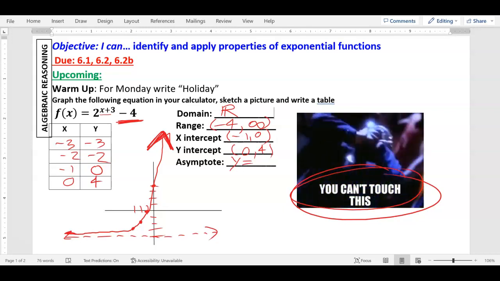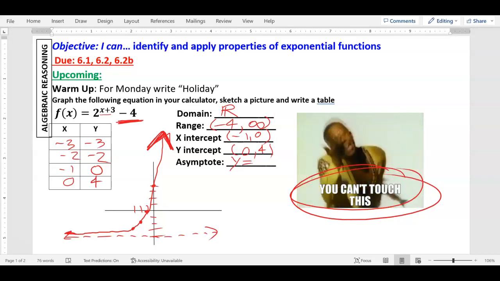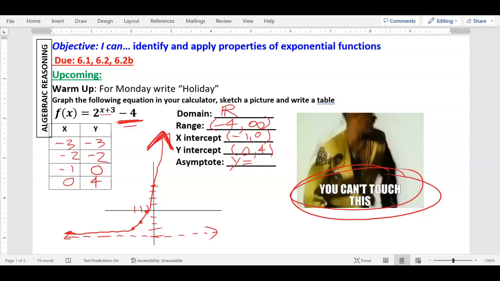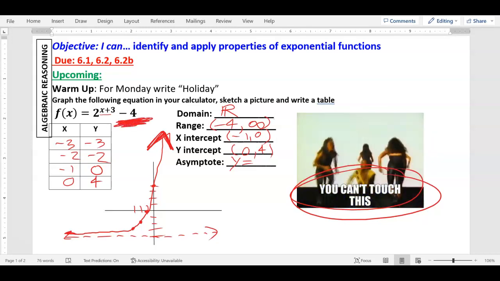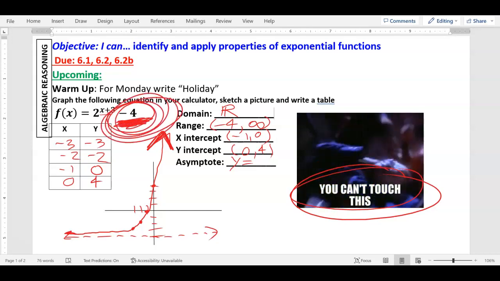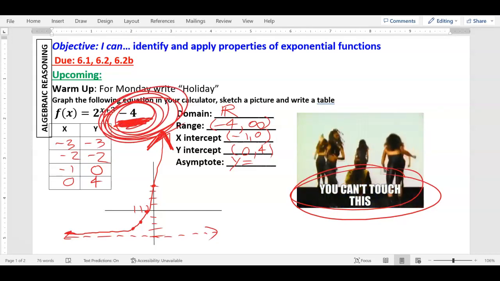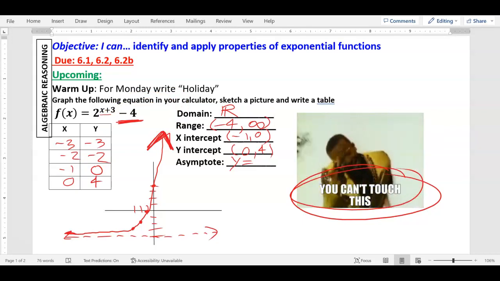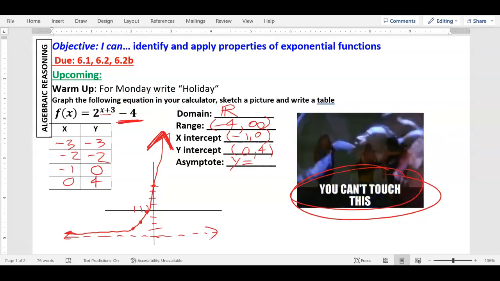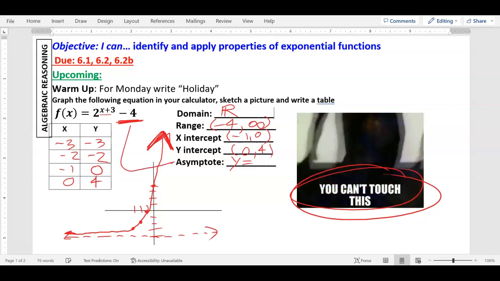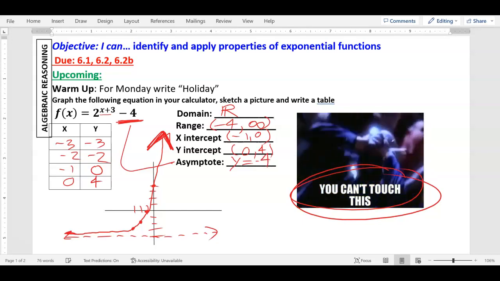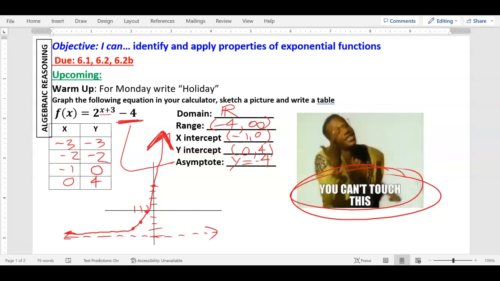What is this dashed line down here that you can't touch? -4. Does everyone see? I'm going to underline it again. This number right there is your asymptote. It's how much it's shifted vertically. So this number gives you the asymptote. So y equals -4.